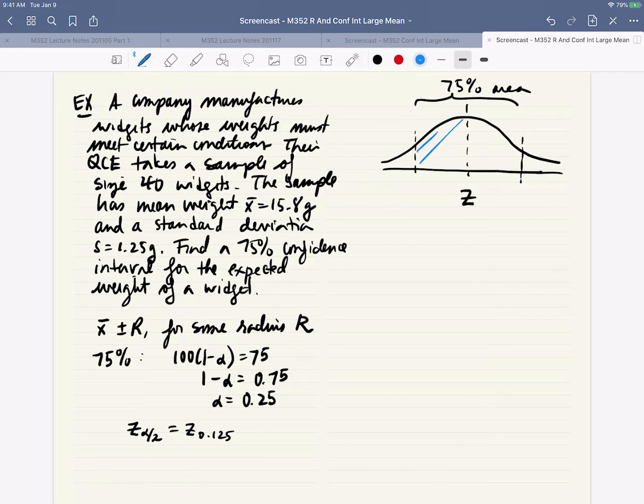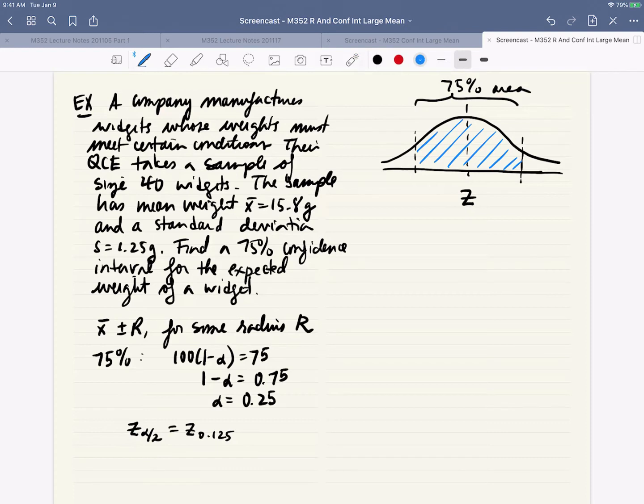So this is going to be 75% of the area. And because the standard normal is perfectly symmetric, that means each of the tails that aren't included, this and this, must contain a total of 25% of the area. And that's where this number comes from.